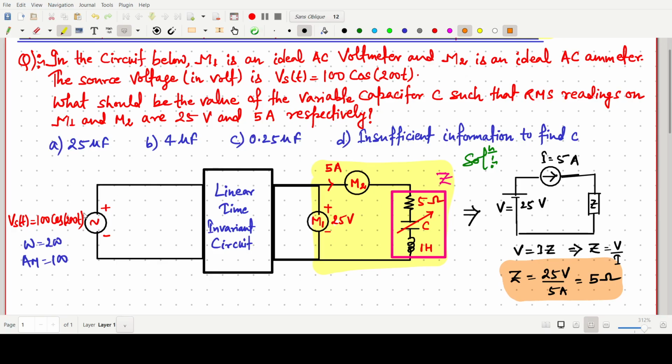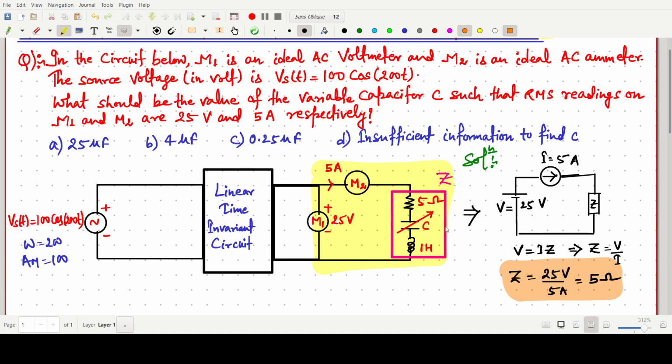In this circuit, this one is an AC signal, some linear time invariant circuit, and it measures 25 volt and 5 ampere current for a 5 ohm resistance and 1 henry with some capacitor value.